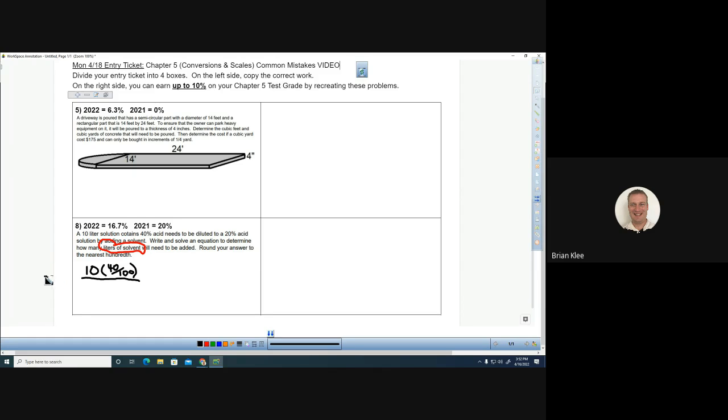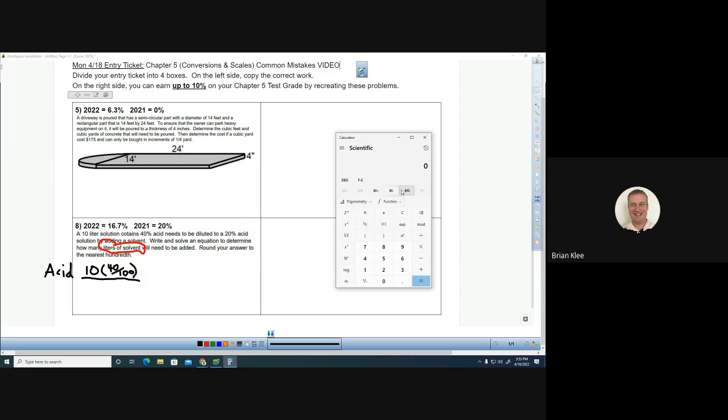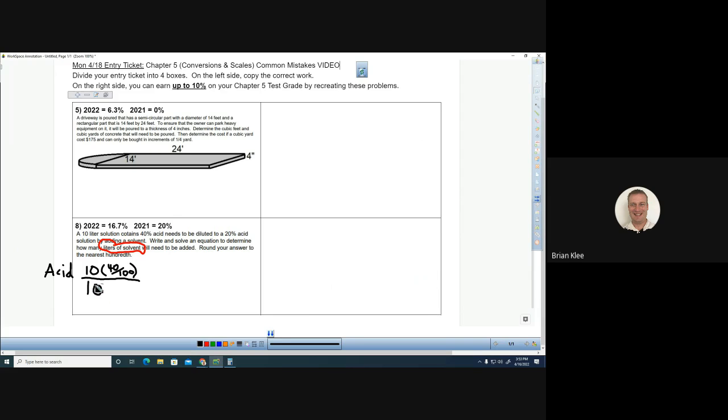This amount right now of 10 liters is acid. If I take a calculator quick, and this is why I'm going to show the equation written another way, 40 divided by 100, 40 out of 100%, per 100, 0.4 times 10 is going to be 4 of the liters out of how many liters total? 10 are acidic right now.